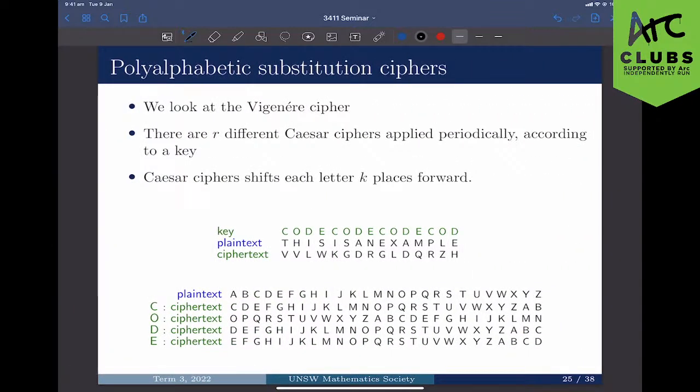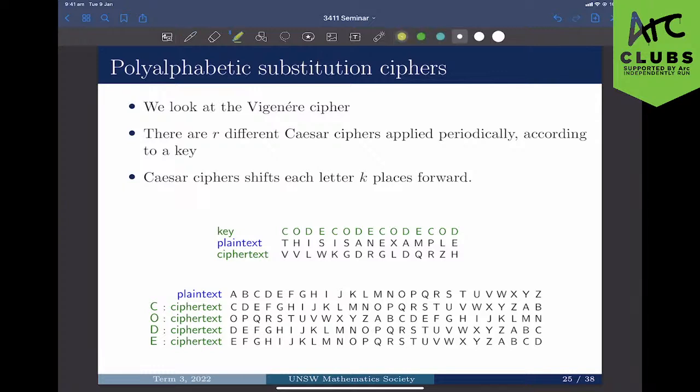So, polyalphabetic substitution ciphers. The cipher we're going to be interested in, in this category, is the Vigenère cipher. In this cipher, different Caesar ciphers are applied periodically according to a key, and Caesar ciphers just shift each letter K places forward.